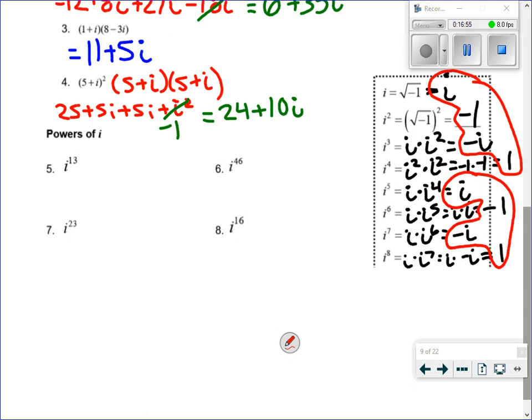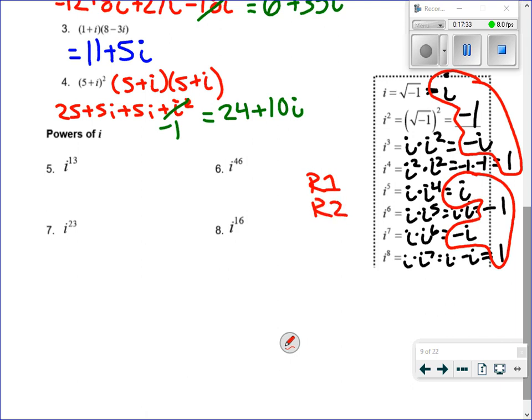So let's think about if I just had i to the 5th and I was trying to figure that out. Think about dividing the exponent by 4. 4 goes into 5 one time, with 1 left over. See that 1 left over? That remainder of 1 means it's the same thing as i to the first power. So 5 is the same as i. Now think about 6. 4 goes into 6 one time with a remainder of 2.